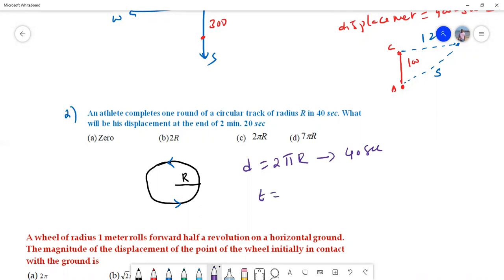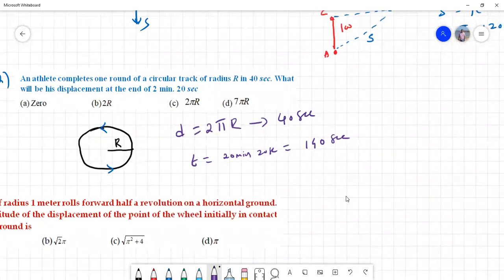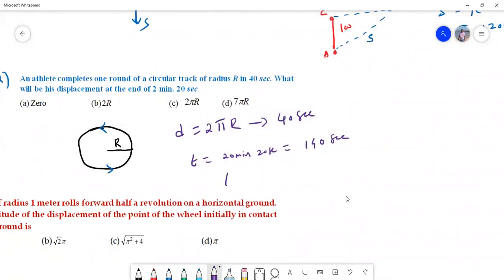So t is equal to 2 minutes 20 seconds, which is nothing but 140 seconds, right? This time I can write as 3 into 40 plus 20.